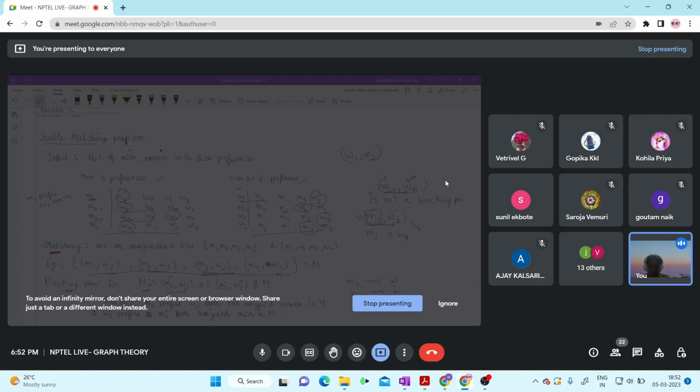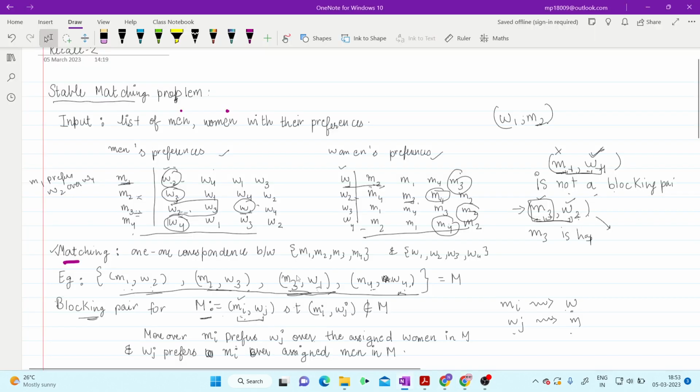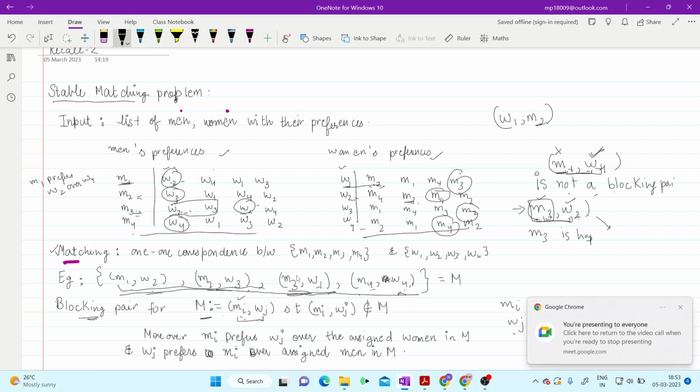If a matching has a blocking pair, the blocking pair was not an element of the matching. It was a tuple which was not already assigned. So if we were given a matching, by blocking pair we were referring to some other assignment other than the matching assignments that have already been done in this M. We are looking at whether we can find a better matching.